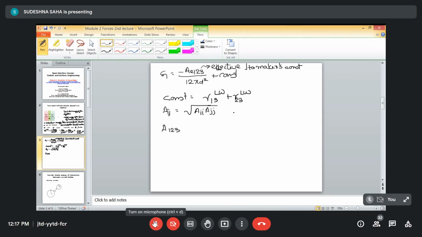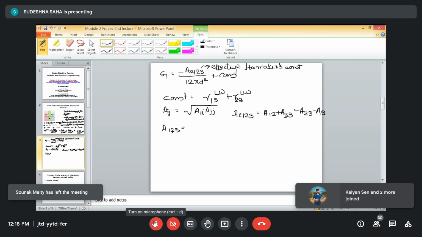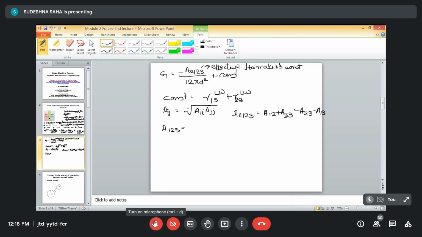So I will first write what A effective is: A effective is nothing but A12 plus A33 minus A23 minus A13. And by using this approach, Aij will be equal to square root of Aii times Ajj.